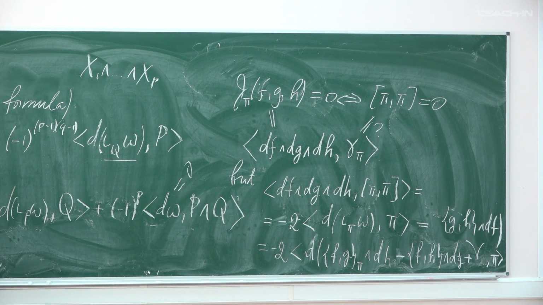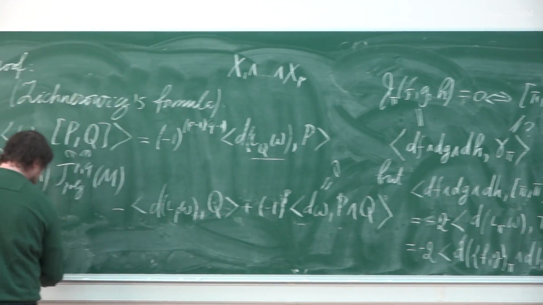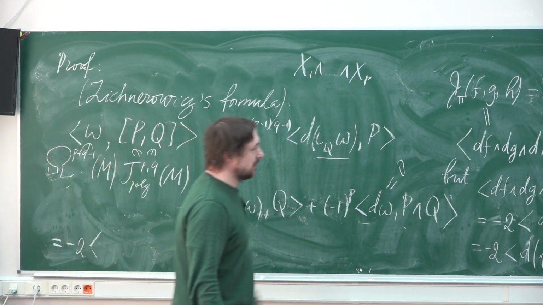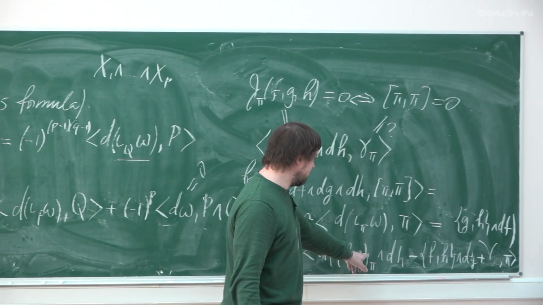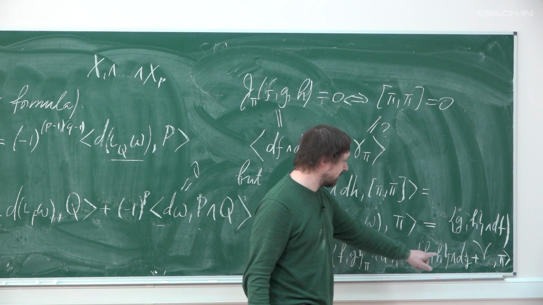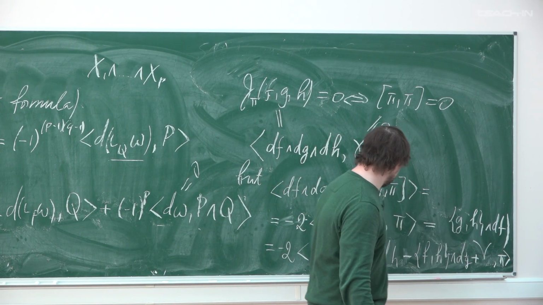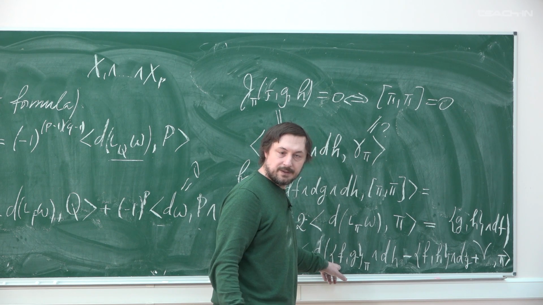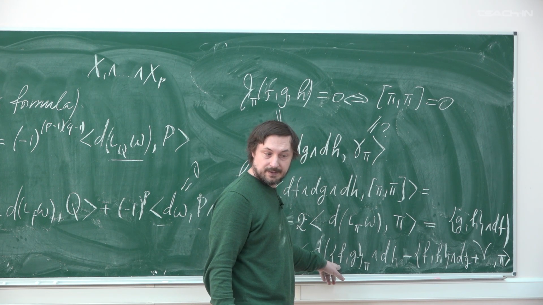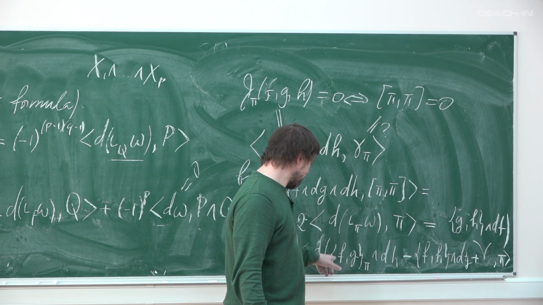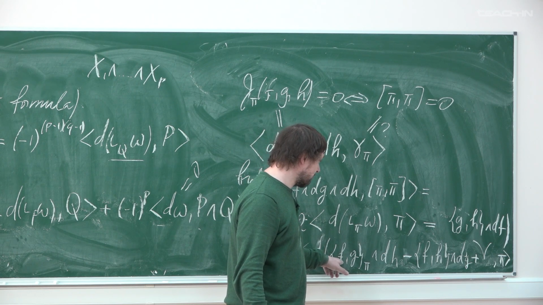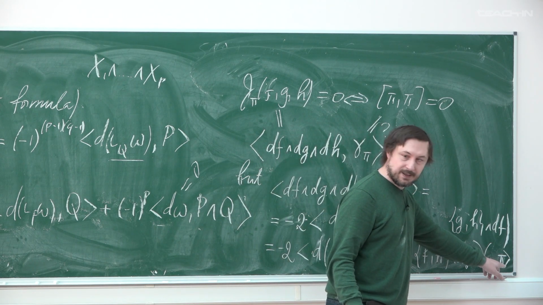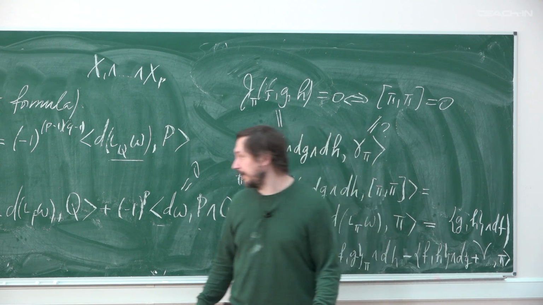So what you get is minus 2 in front, but inside what you have is, so d cannot be applied to this term or this term or this term. D only applies to the bracket. And when we have d of the bracket and pair it with pi, we get the Poisson bracket again.